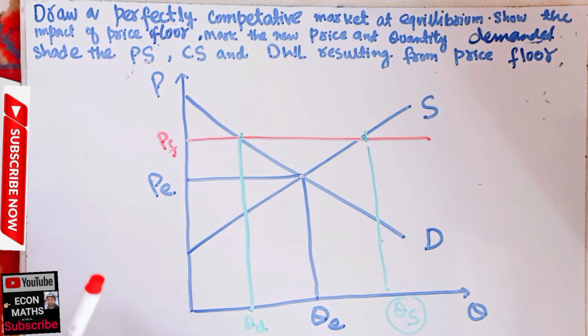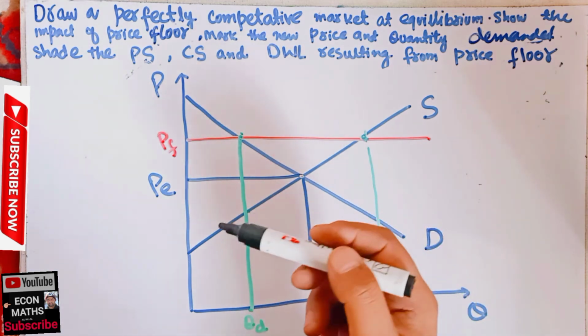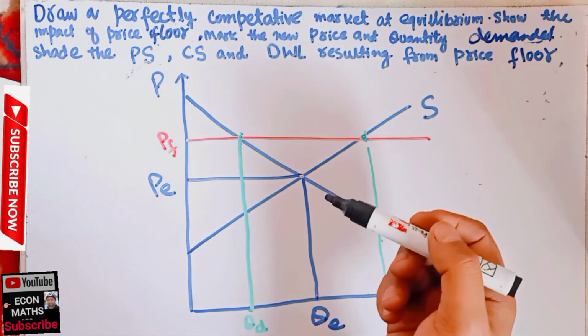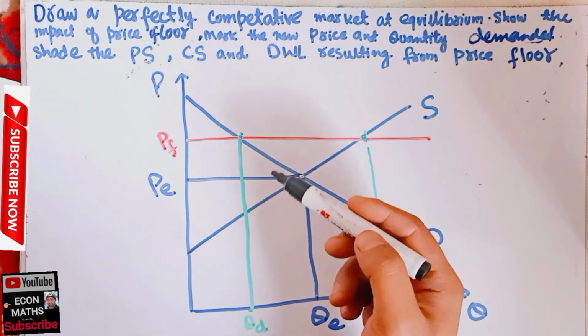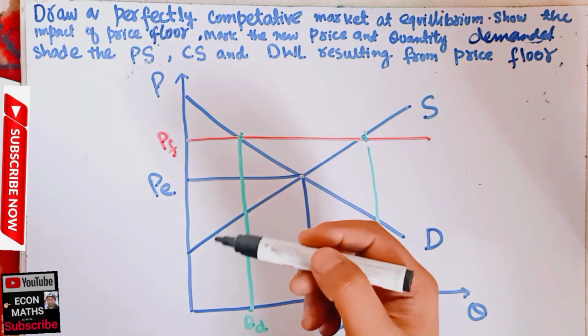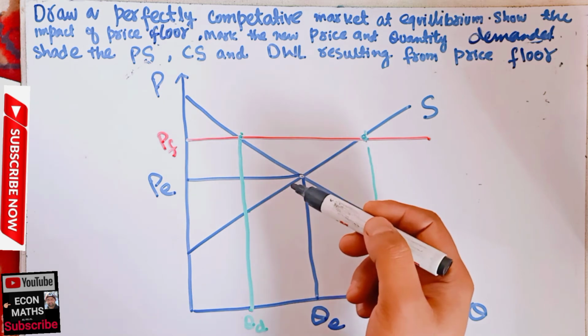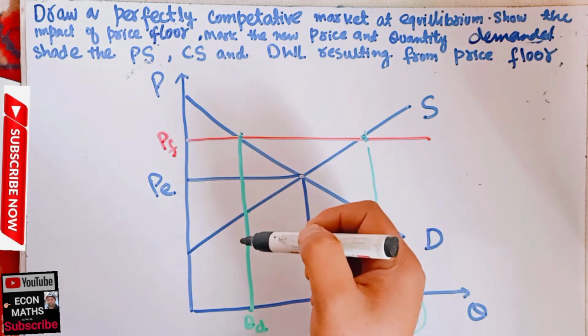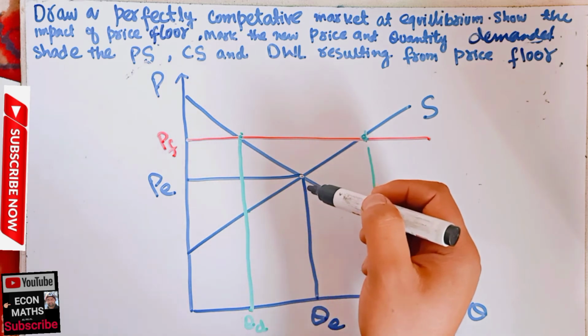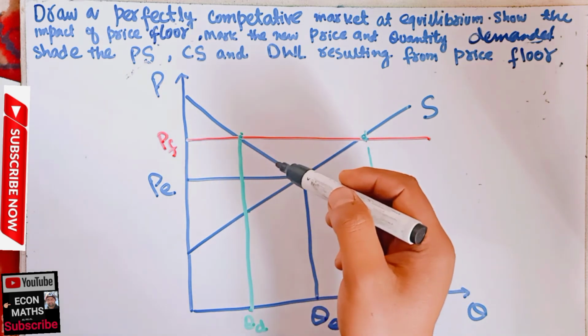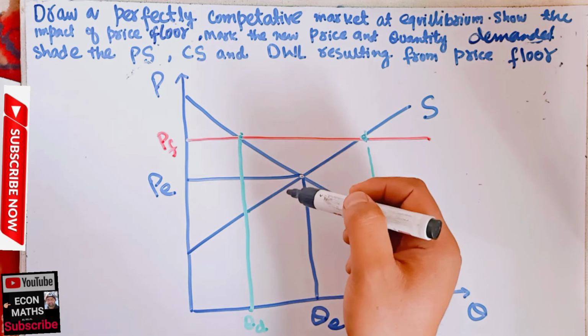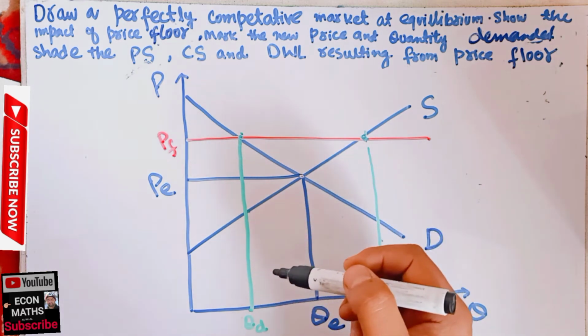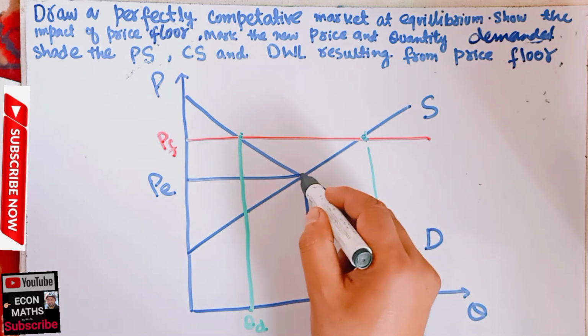So what will we do then? We have to find the deadweight loss. Now, deadweight loss is found by locating the marginal cost, that is supply, and the marginal benefit, that is demand, for the quantity sold, that is QD, along with the allocatively efficient point, that is equilibrium.